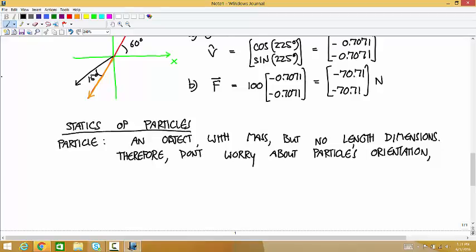And since we're not worried about the particle's orientation, we're not going to do anything with the rotational Newton's second law. So no rotational Newton's second law, no moments or anything like that. Moments only happen because forces are acting on an object at different locations. Particles don't have any different locations.